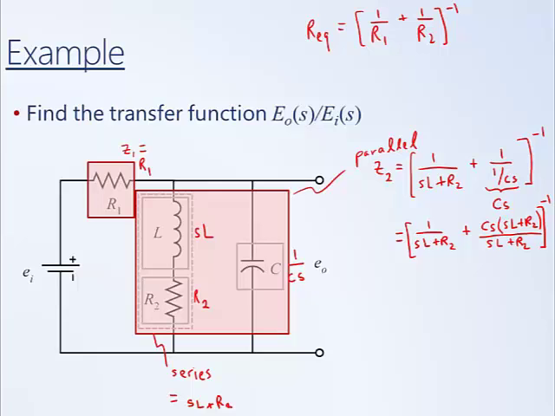Once they have a common denominator, then we can just add the numerators. So the denominator is SL plus R2.